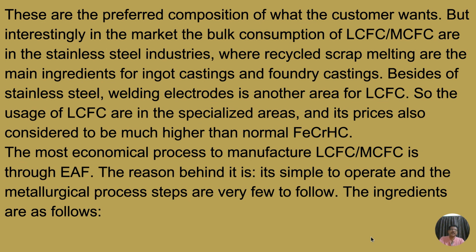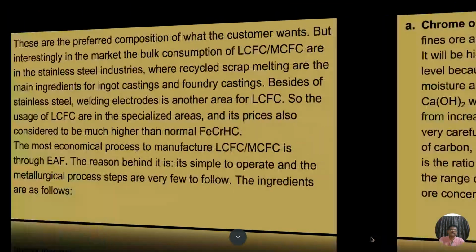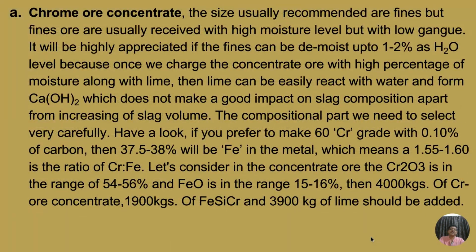The reason behind it is it's simple to operate and the metallurgical process steps are very few to follow. The ingredients are as follows: chrome ore concentrate. The size usually recommended is fines, but fines ore is usually received with a high moisture level but with low gangue.